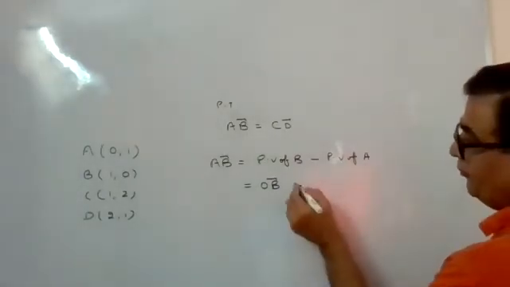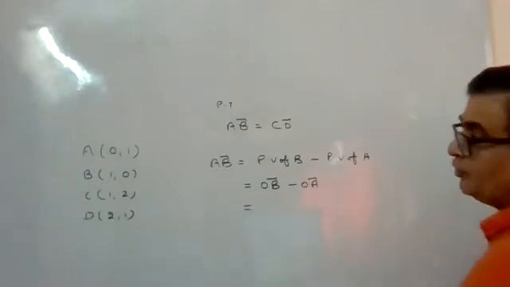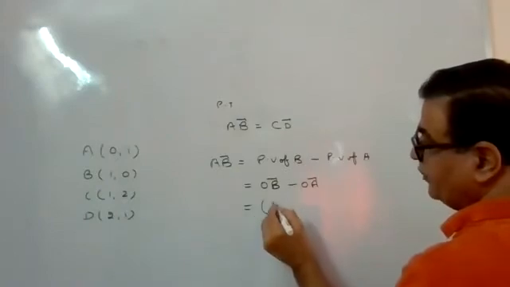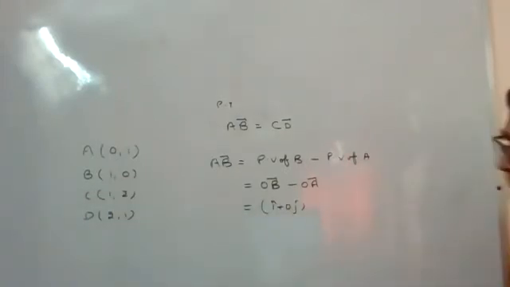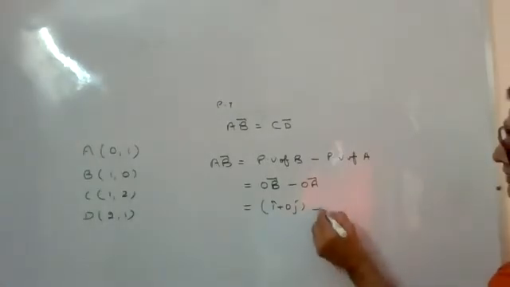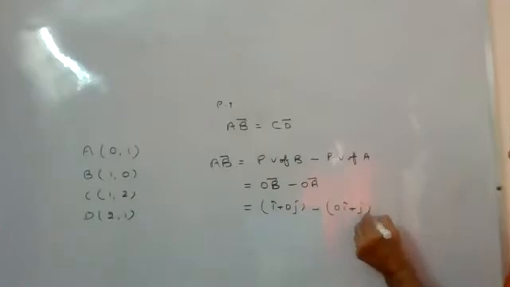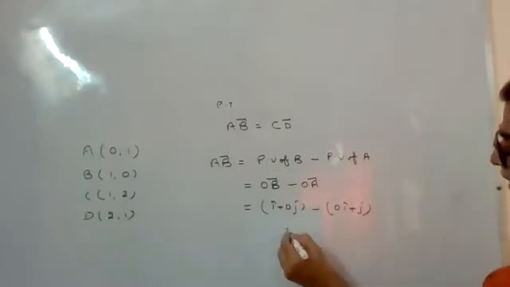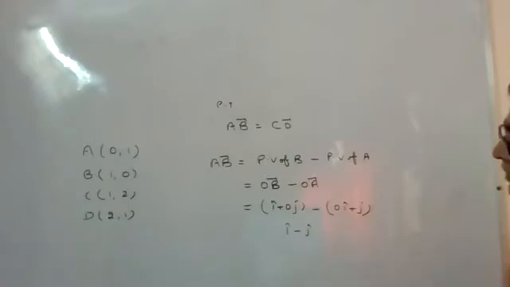And position vector of A will be minus OA vector. OB vector I'll calculate from here. What is the OB vector we have? It will be i plus 0j, because the coordinates are 1 comma 0. Minus OA vector, that will be 0i plus j. Now when you solve it, it will come i minus 0i, so what is left is i, and 0j minus j, it will be minus j. This is AB vector.